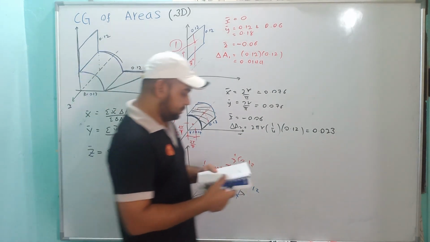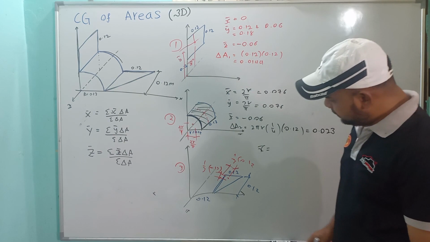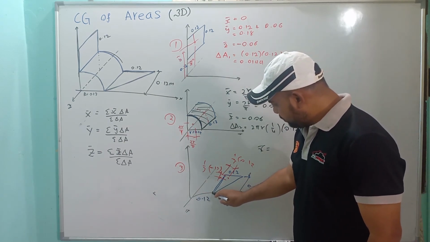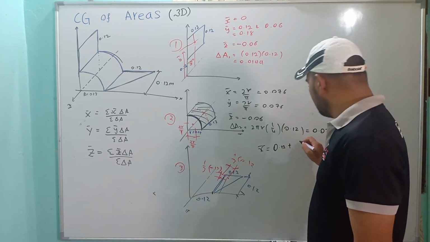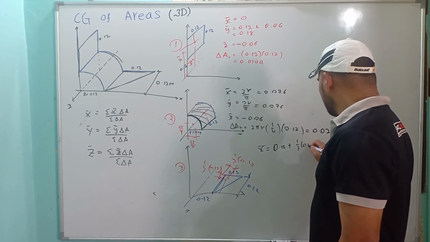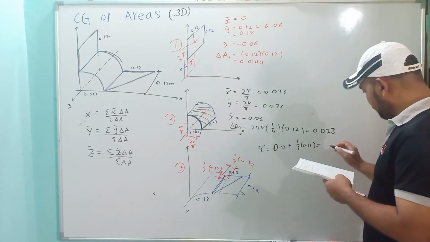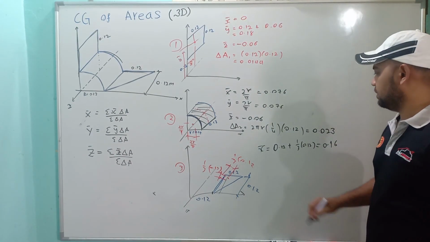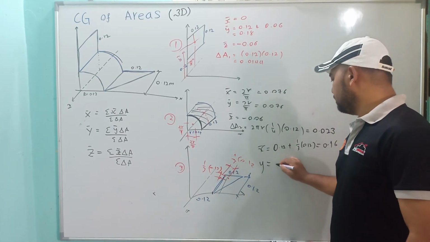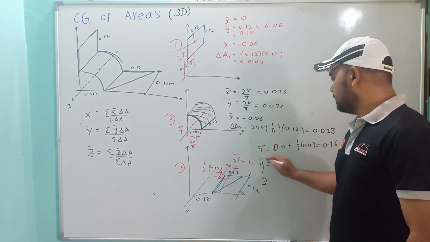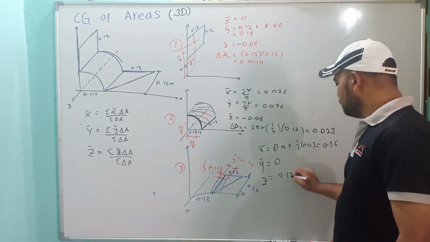So you want to have the x bar, which is going this way up to here is 0.12, plus this one, which is 1/3, 0.12. So this one will be equal to 0.16. Y bar is on the X and Z plane, so Y bar equals 0. Z bar, from here to this point is 0.12, the whole distance.